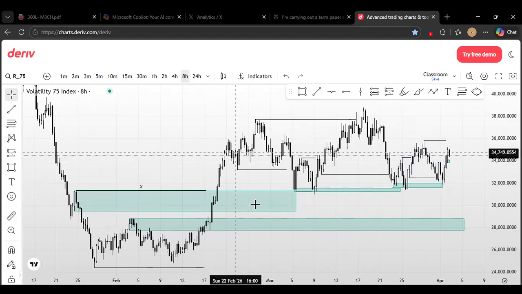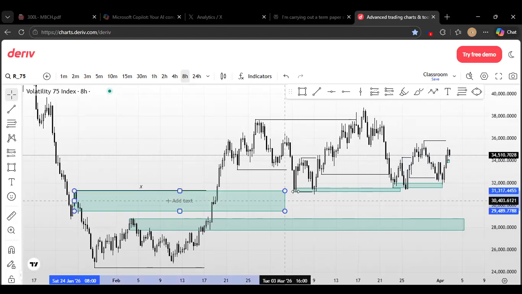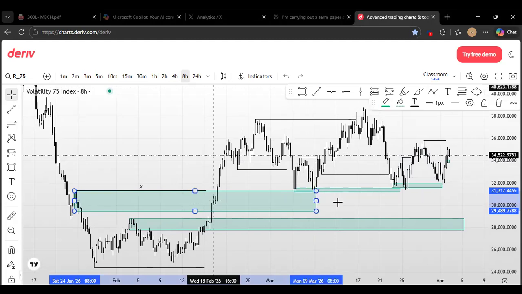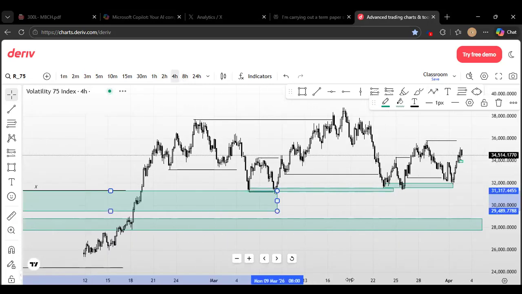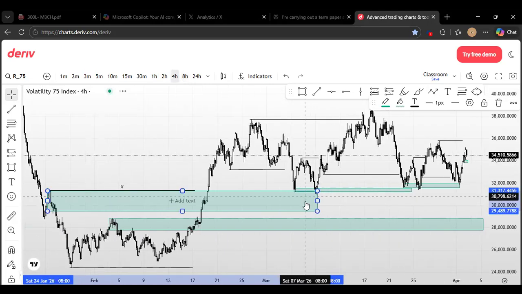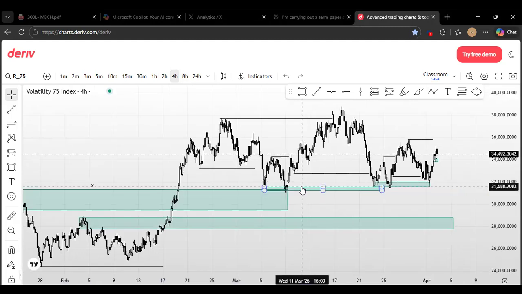Because first you started all the way from this breaker block here, not mitigation block, this breaker block. When price tapped on this breaker block, you won't see the structures clearly here until I go to the 4 hours time frame. Let's go to the 4 hours time frame. So you see, on the 4 hours time frame, here is what we have. When price tapped on this breaker block, remember what I told you: a sweep of liquidity is going to happen.